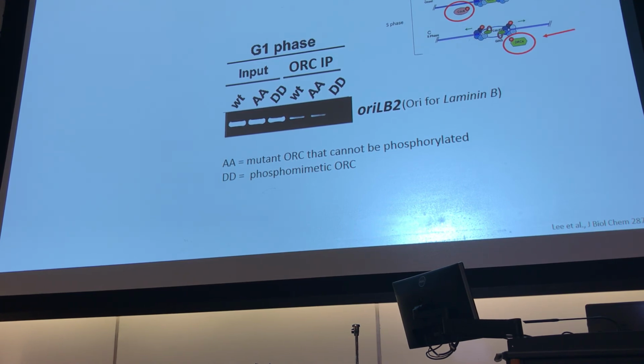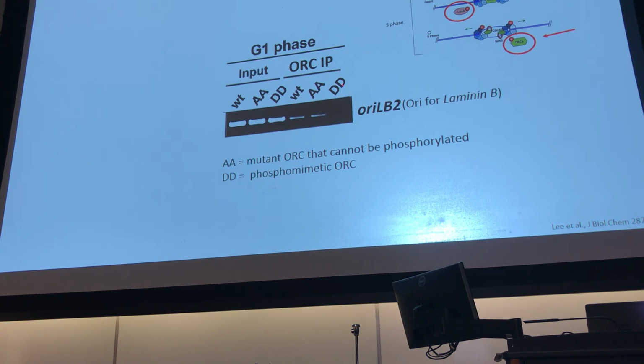So you IP for ORC, you're doing a ChIP assay, and you amplify the piece of DNA that the ORC is bound to, and that's what you're seeing here in the PCR, okay? Right here, this is a mutant, this is AA, a sequence that was changed to alanines that prevents the ORC from being phosphorylated. Remember, once ORC is phosphorylated, it has to get off of the DNA.